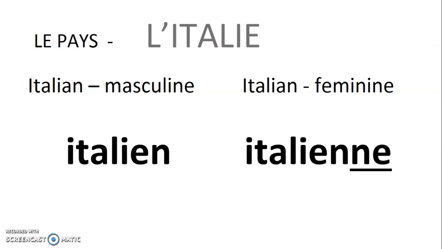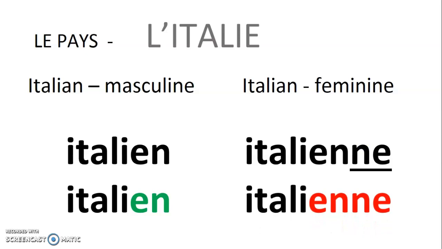So we say italienne, and you do not add just an E, but the N is doubled here. And let's take a look at the pronunciation. So the masculine form has a nasal sound at the end, italien, whereas the feminine form no longer has a nasal, but you have N, italienne.